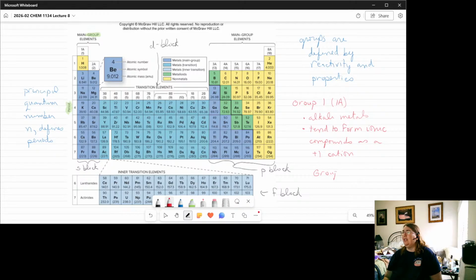They become less reactive as you move down the periodic table. So lithium is far more reactive than sodium, which is more reactive than potassium, and so forth. Okay, group 2, or 2A. These are less reactive than group 1A.